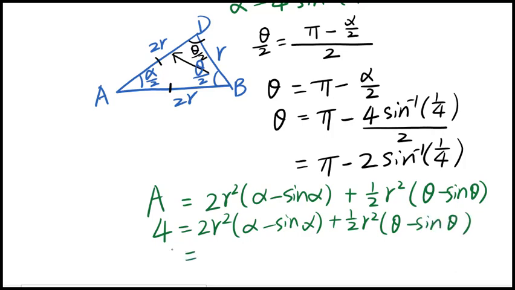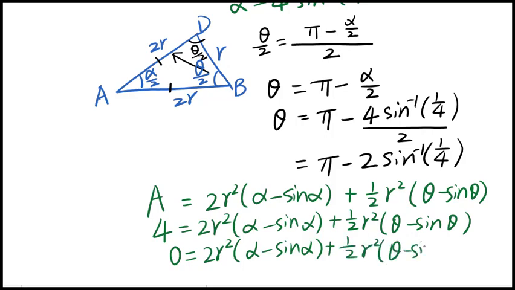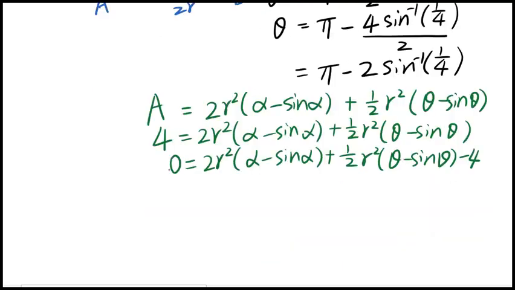Then you set it equal to 0. So 2r squared (alpha minus sine alpha) plus 1/2 r squared (theta minus sine theta) minus 4. We will put this into a graphing calculator.